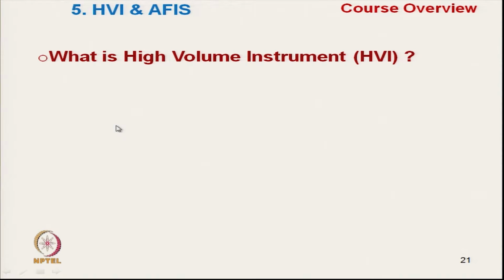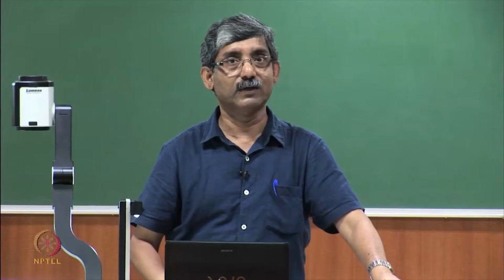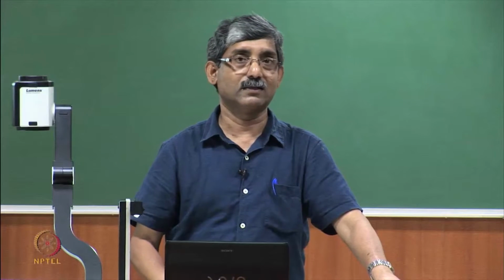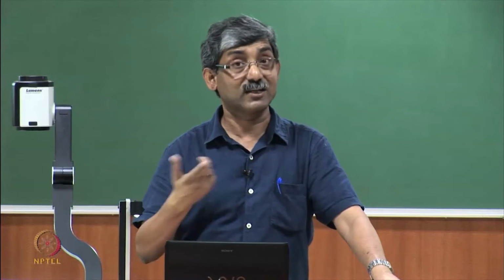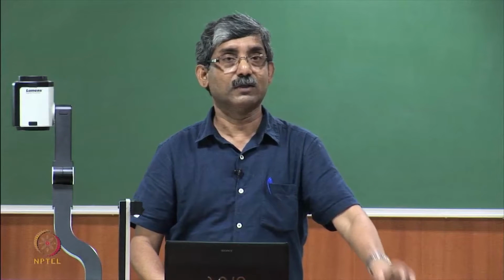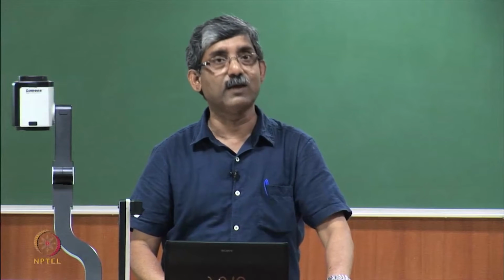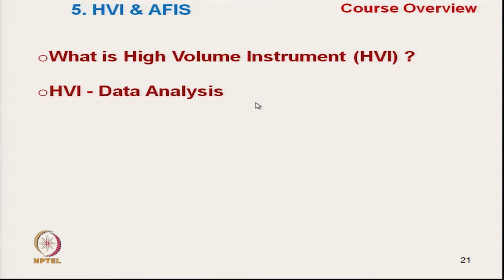Length, fineness, strength, everything we can test. Here we can even test the color and trash percentage. So we will cover this principle of HVI, how to analyze the data, and similarly an application of HVI.